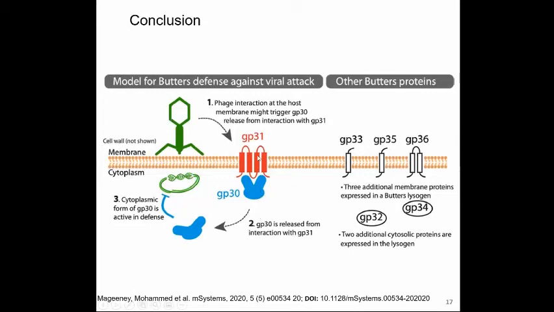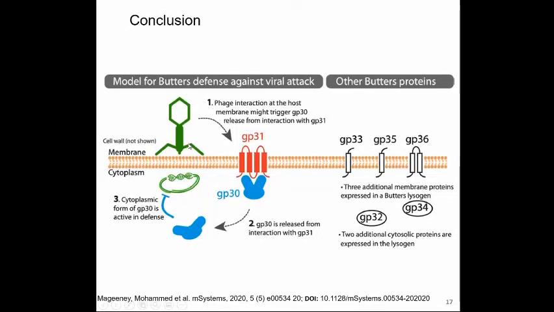What we have here is Bares GP31, that is gene product 31, and Bares gene product 30. And I'm showing here that they are interacting because we have data that shows that they are interacting. We also have data that shows that one of the minor tails of Purple Haze will interact with this GP31 and 30 complex.